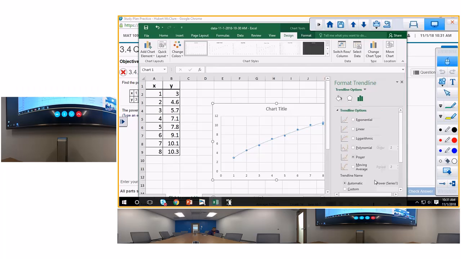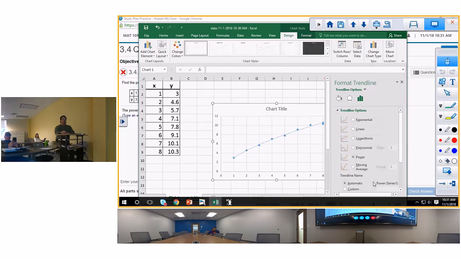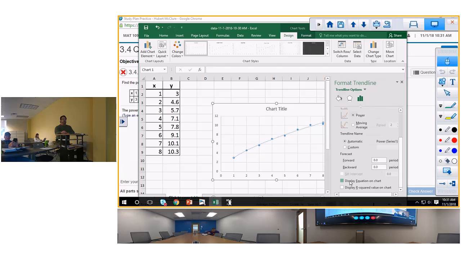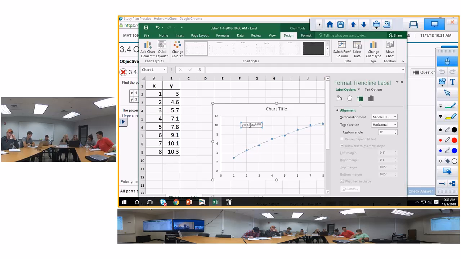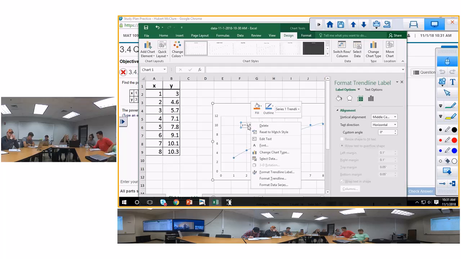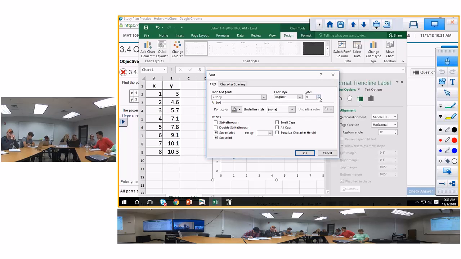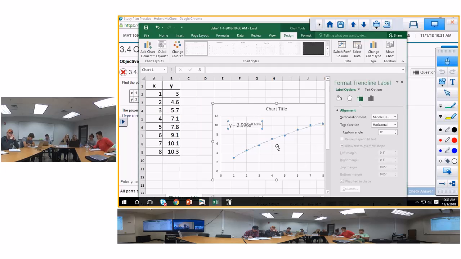Make sure you're hitting the power function in your calculator. That's what I got.